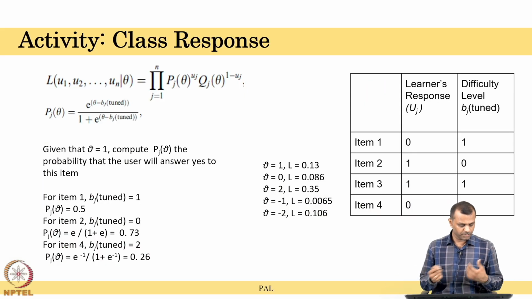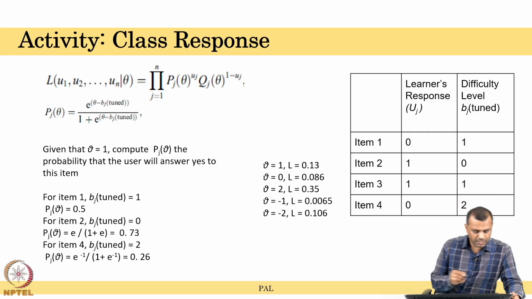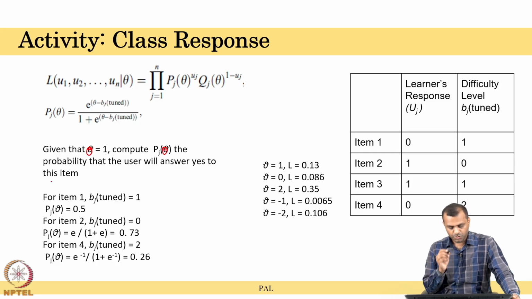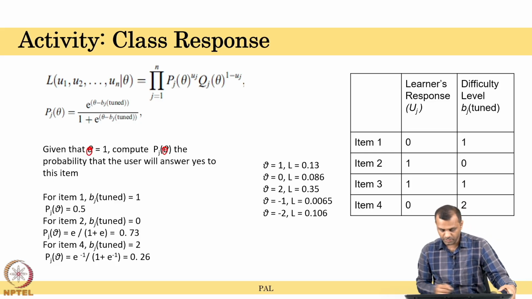We'll go into detail, because if you need help, we have to solve this particular problem. Given theta equal to 1, compute P_j(theta), the probability that the user will answer yes to this item. For item 1, b_j is 1.